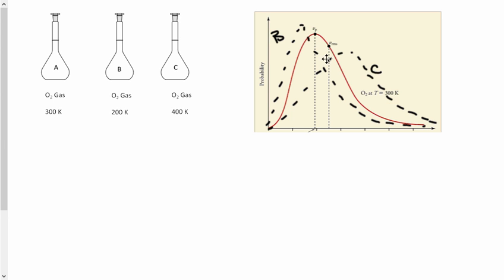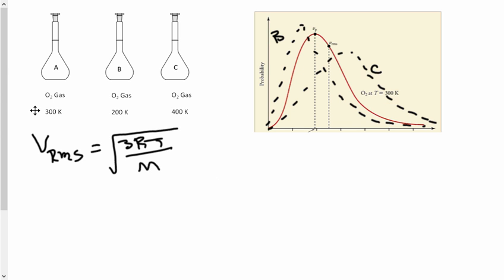Now what about that VRMS calculation? The root mean square average, VRMS, for the molecules in a gas is governed by the equation: the square root of 3RT divided by molecular mass. So let's do that for the 300 Kelvin sample.